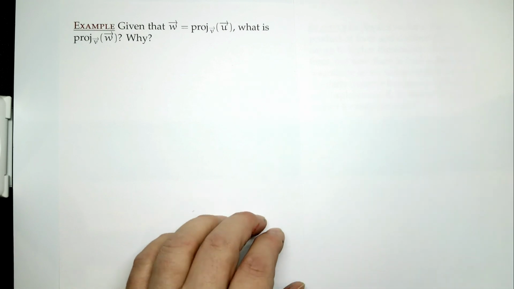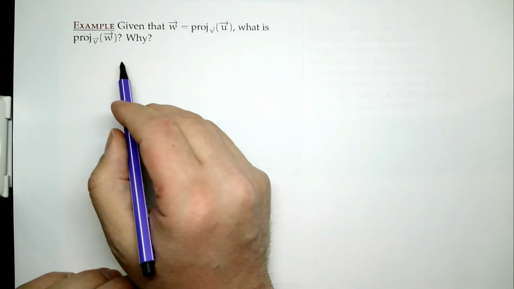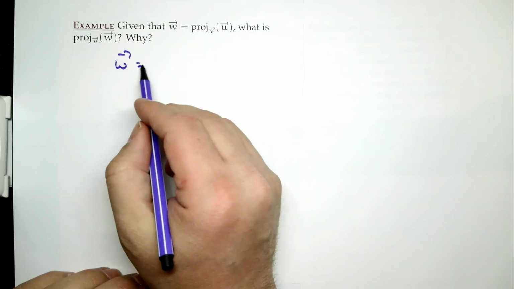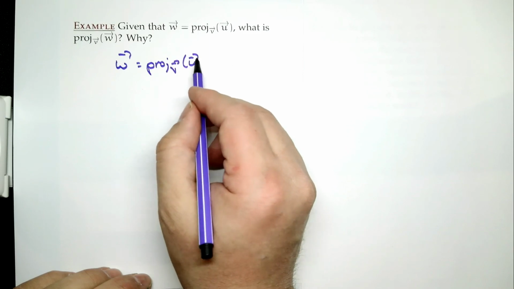Okay, so I have a little bit of time, 1 minute at least. So enough time to answer this question. Suppose I'm told that w is the projection of v onto u.